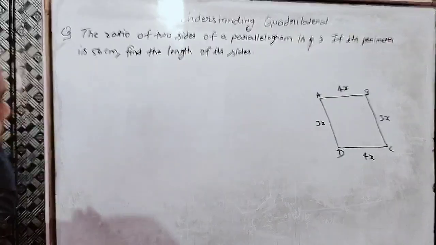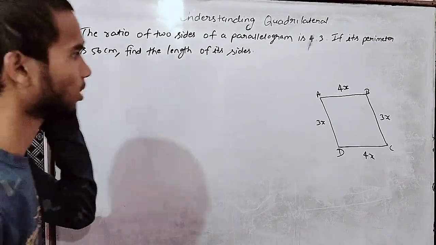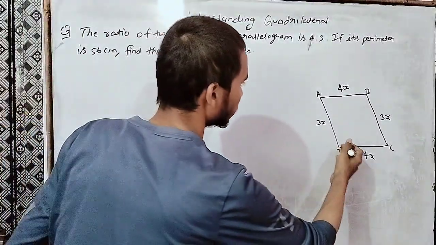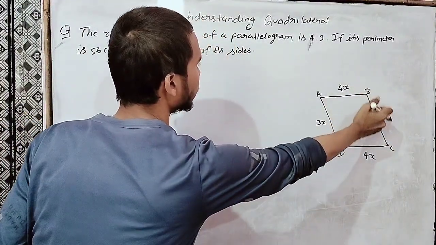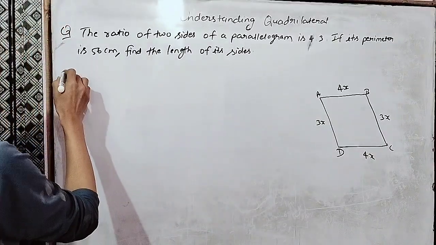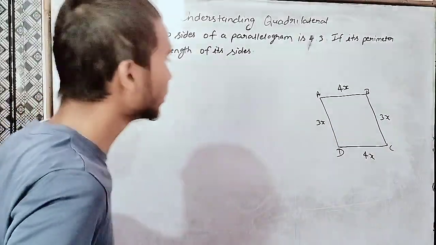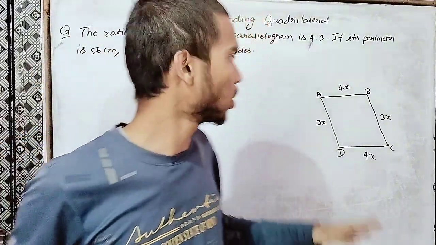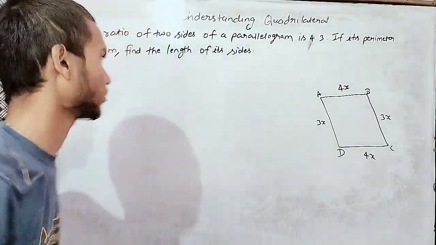Perimeter is 56 centimeters, and it is very easy. The total length of the circumference of this quadrilateral is how much? 56 centimeters. So can we write? Here we can observe that we don't know the exact measure of a side of this parallelogram.